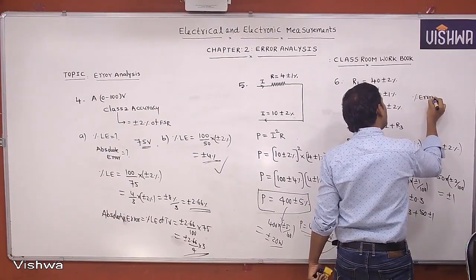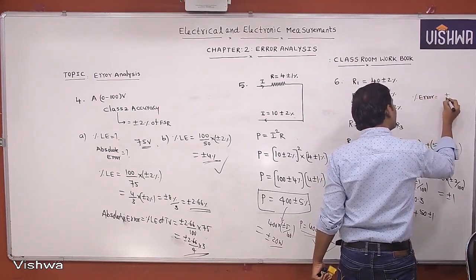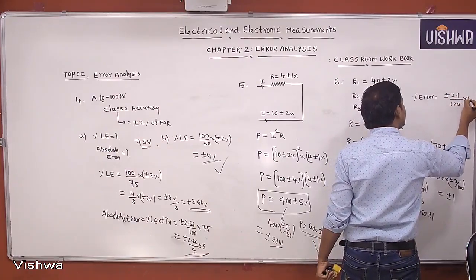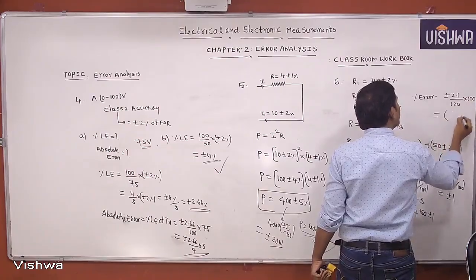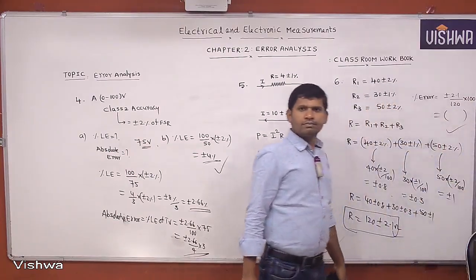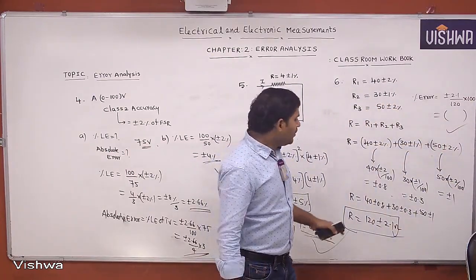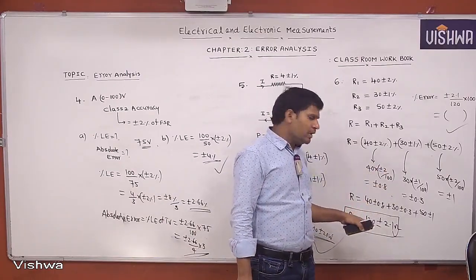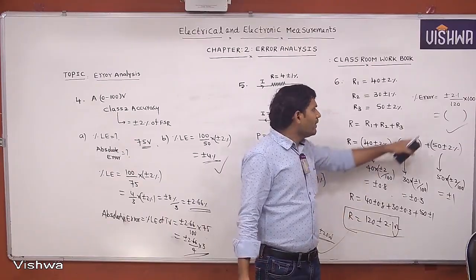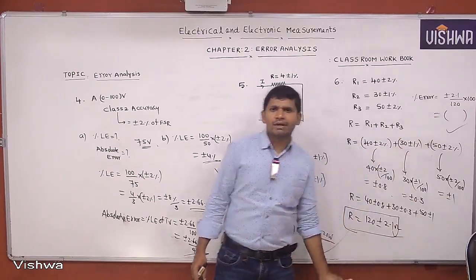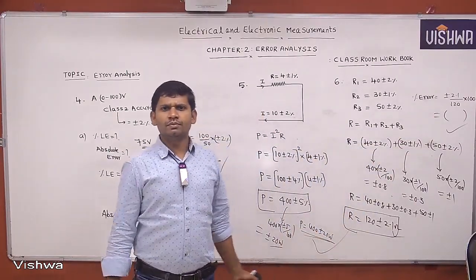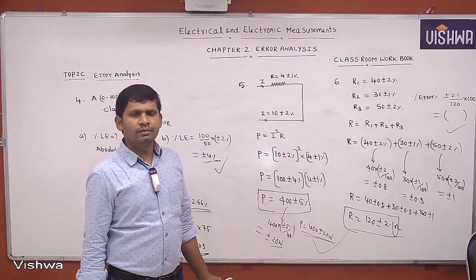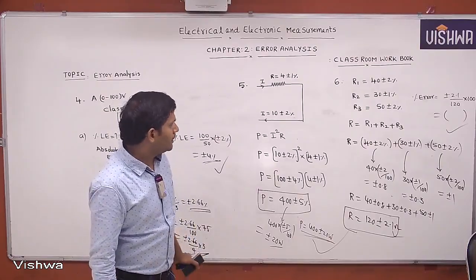Plus or minus 2.1 by 120 into 100. Then you simplify this and get the option. You check the options, whether it is given in percentage or in absolute. If it is there, directly you take this one. Otherwise, you convert into percentage. Clear? Understood? Okay, concentrate.